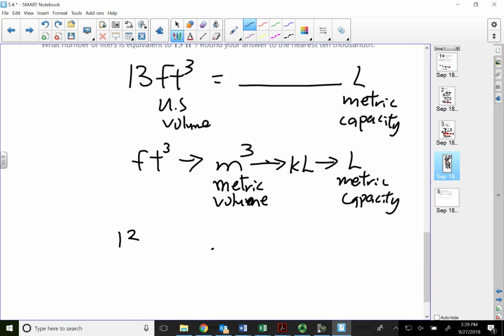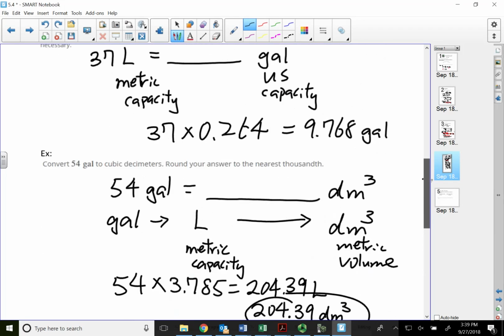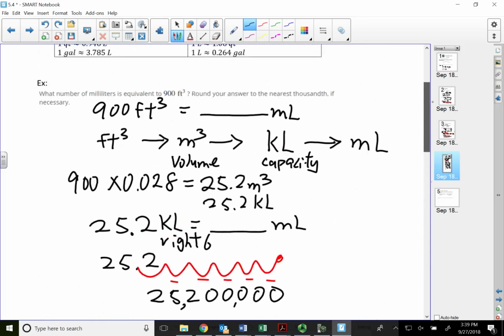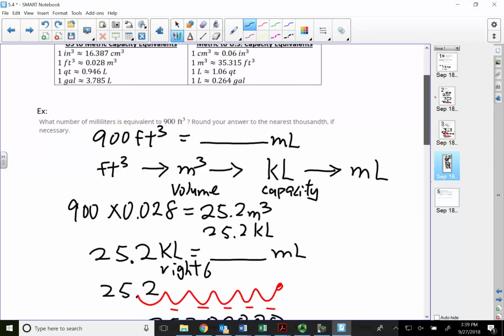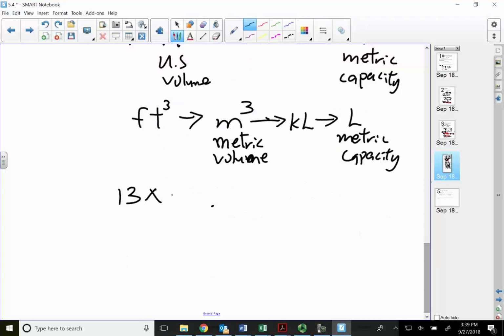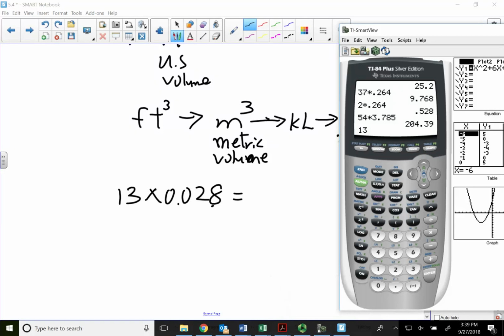All right, so let me take us to cubic meter first, which is times by 0.028. All right, so let's see what that is. 13 times 0.028.